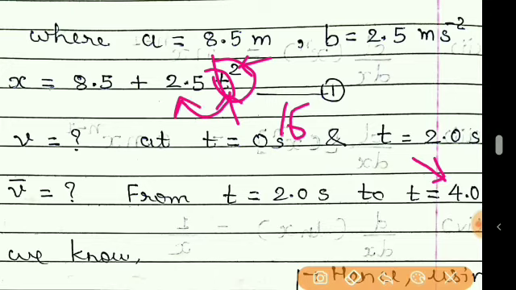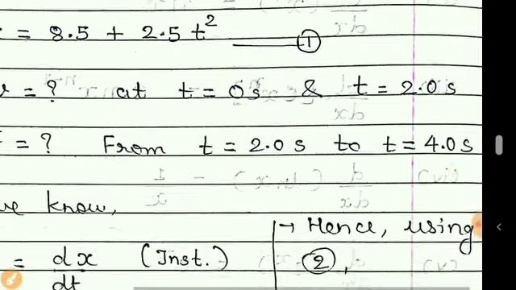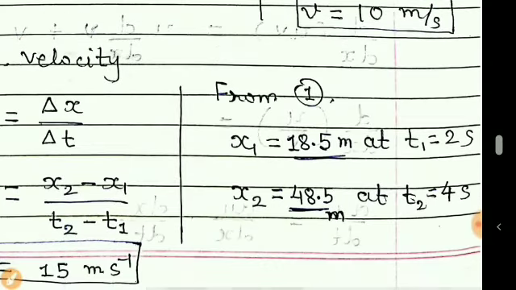Now students, what is 16 into 2.5? It will be 40. So 16 into 2.5 is 40, and 40 plus 8.5 is 48.5. That will give you the final position, because time is also final, so position is also final. So our answer x2 is 48.5. So I have written this here.